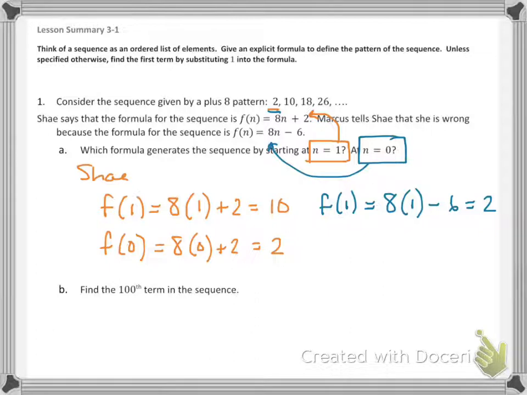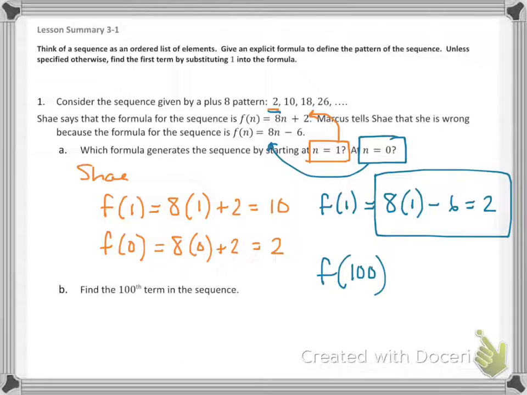And we said at the beginning of our unit here that we were going to start all of our first terms at n equals 1, so that there's no confusion. So I'm going to find the 100th term, and I'm going to use Marcus's formula, because all I have to do is say, what is f of 100, right?